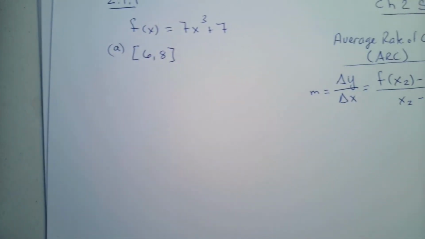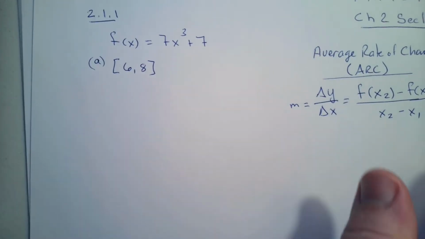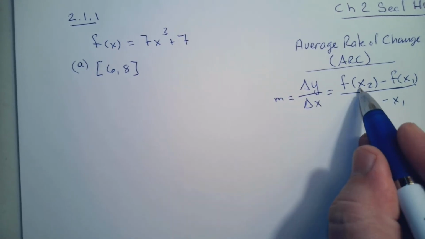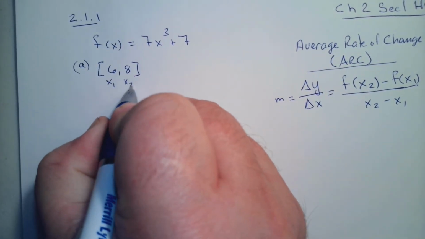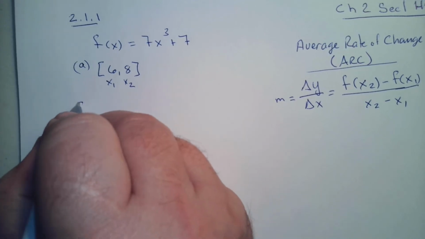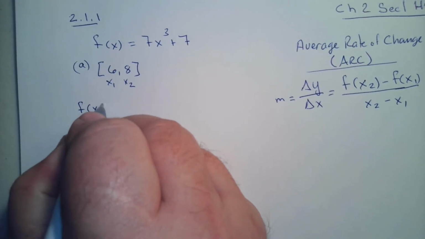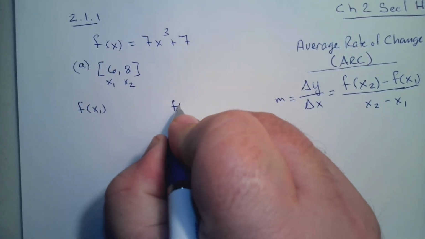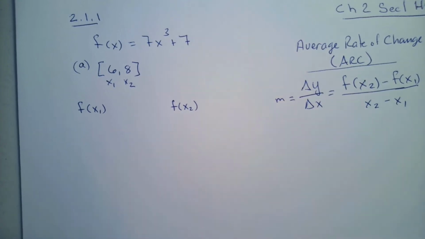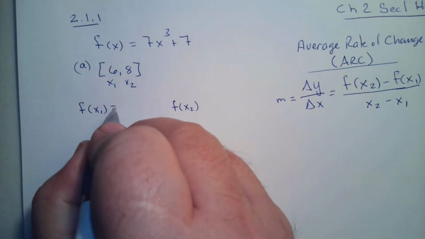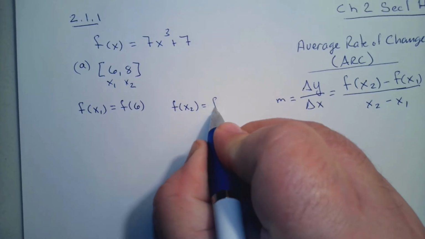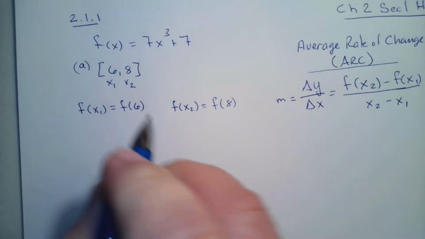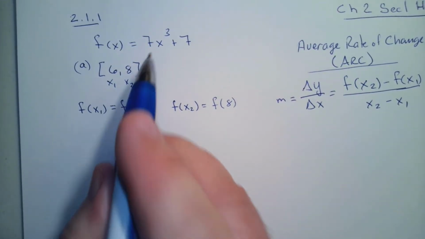Alright, so let's do this problem. What we have to do, so this is x1, this is x2. We have to find f of x1 and f of x2. So we have to find f of 6 and f of 8. Go back to that function.